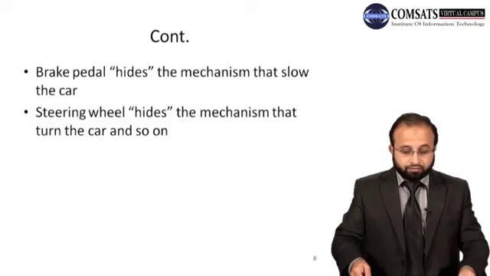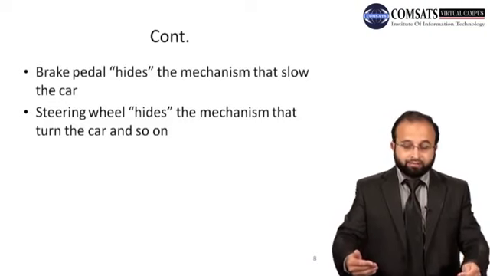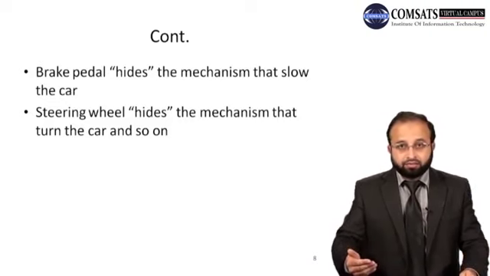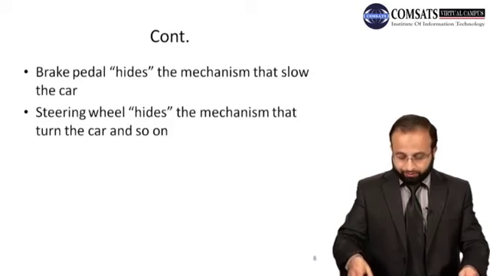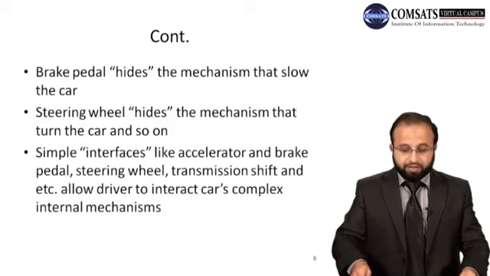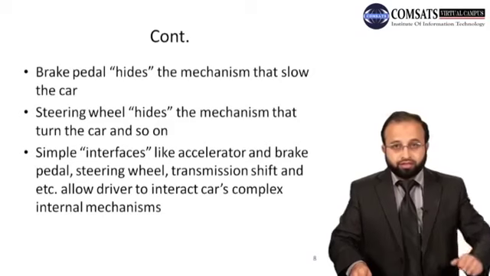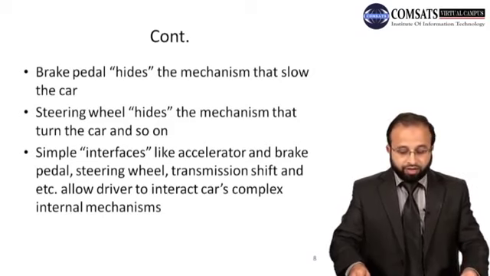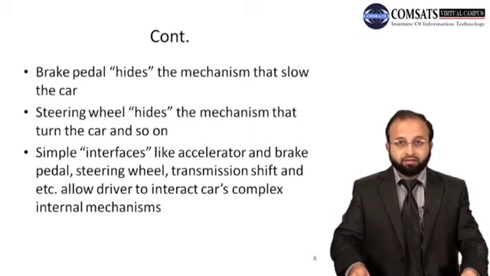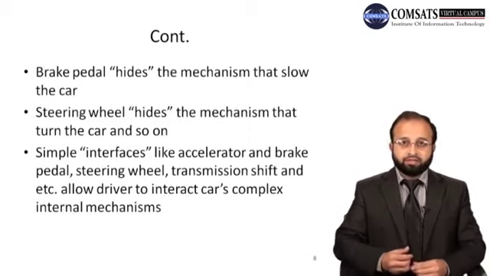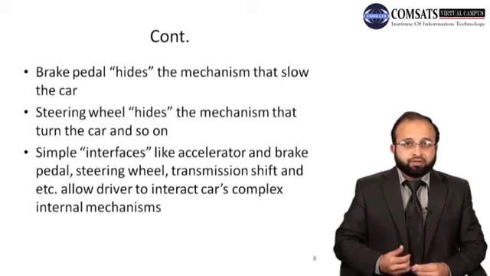So we have seen that there is a principle that is called hide. You hide the complexity from the user and provide a simple interface to the user. Simple interfaces like the accelerator and brake pedal, steering wheel, transmission shift. So you change the gear, you move up as you move faster, and so on. These allow the driver to interact with the car's complex internal mechanism. So these are the interfaces. What are the simple interfaces in a car?